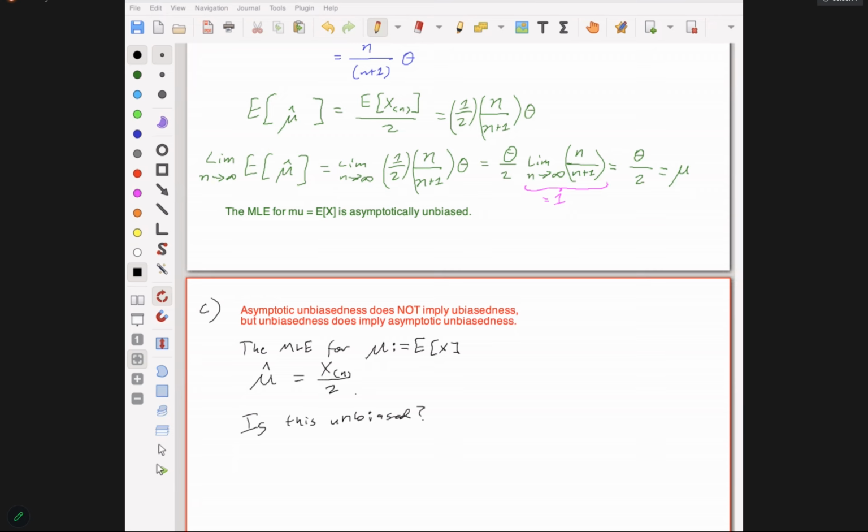The xn. We need to look at the expectation of mu hat.